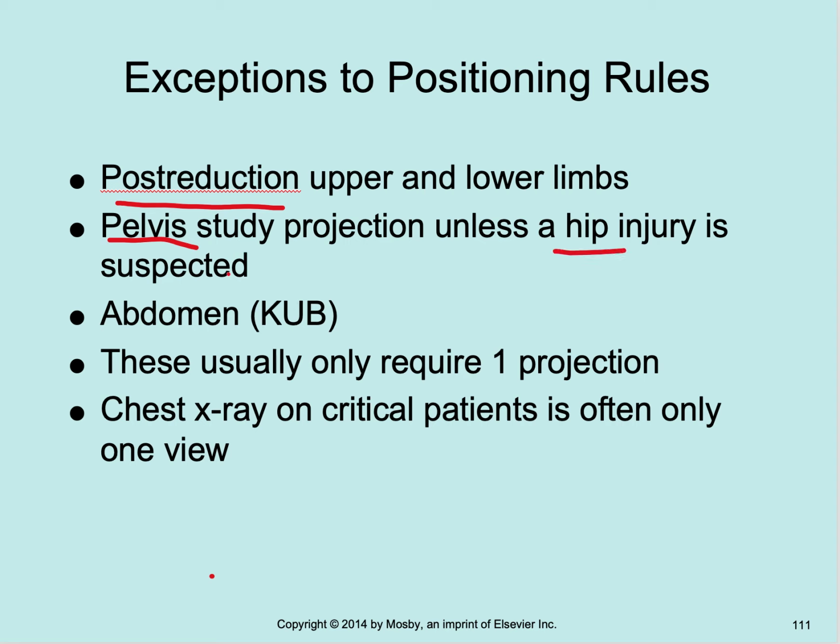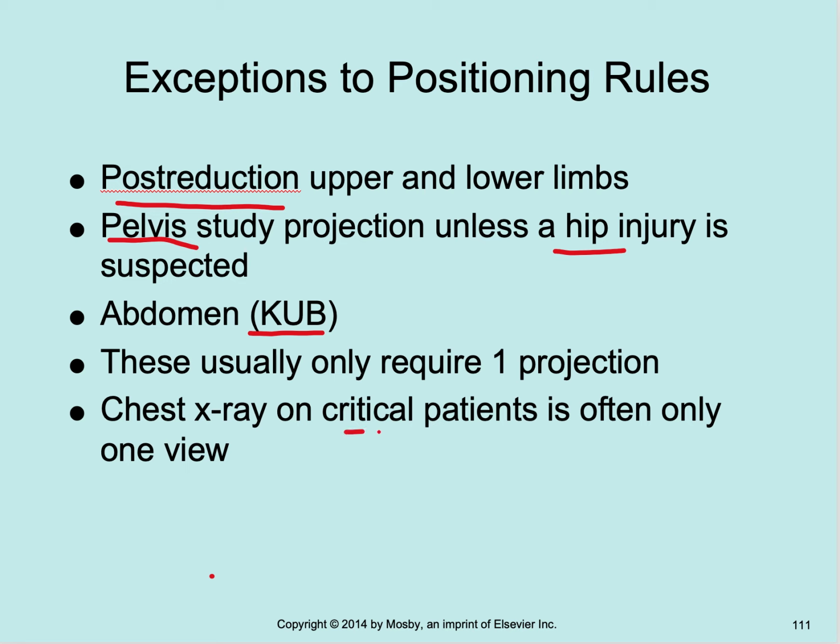But normally if it's just a pelvis image, that's a single image, 1 image for your pelvis. Abdomen, KUB. KUB stands for kidney, ureter, bladder. That is a single image as long as you've included the entire kidneys, your ureters, and your entire bladder. These usually require only 1 projection. So post-reduction, a pelvis, a KUB.